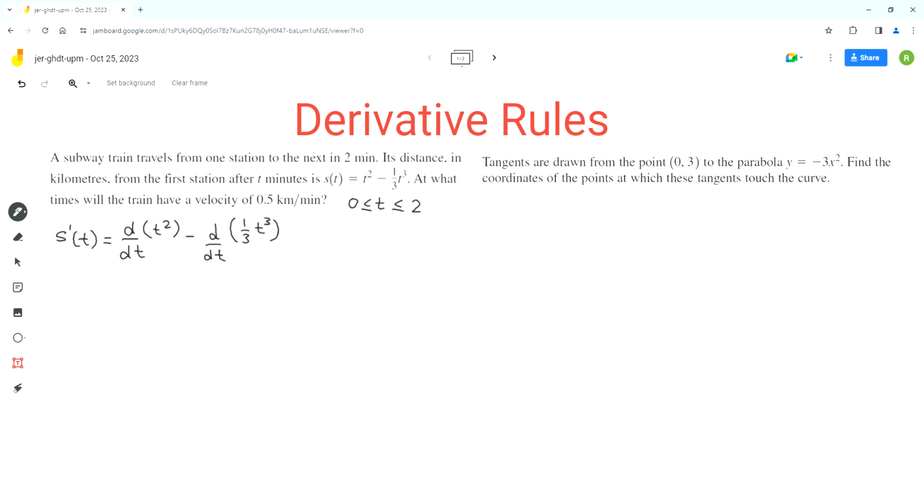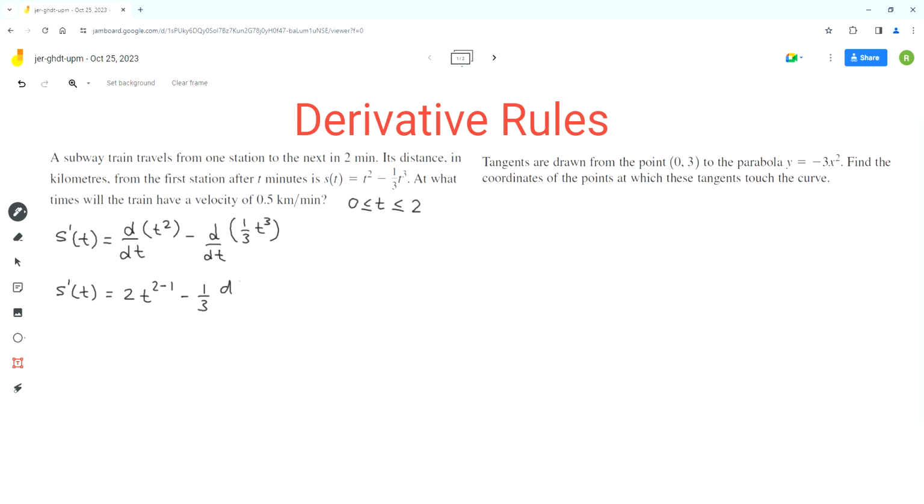Now we have to find the derivative of these two terms to get the derivative of the position function, or the velocity function. So s prime t equals, for the first term we can use the power rule of derivatives. So we can move the 2 from the exponent to the front and subtract 1 from 2. Now for the second term we can move this 1 over 3 coefficient to the front using the constant product rule.